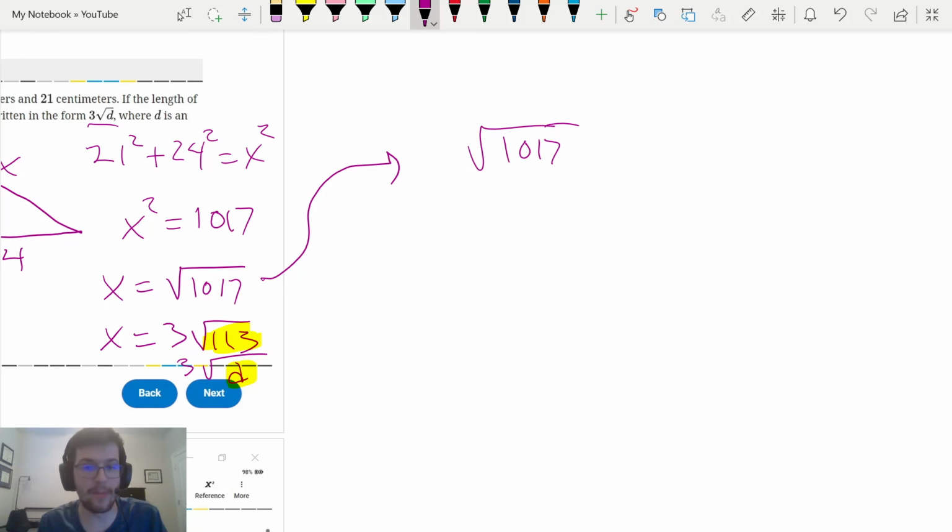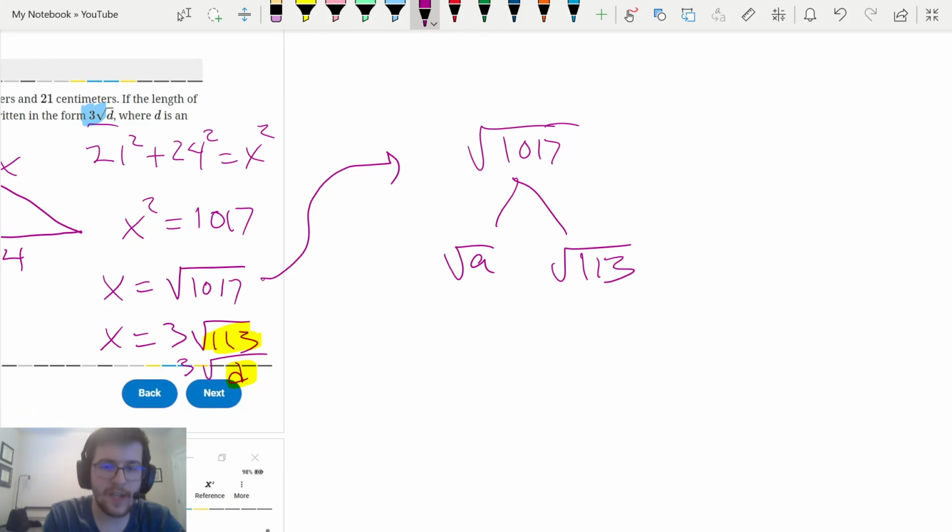This is a huge number. I don't know what the factors of 1017 are, but the question gives you a hint by telling you that you can pull out a 3. So 3 is the square root of 9. So we can write this as square root of 9, and then I can go to my calculator. What's 1017 divided by 9? Oh, it's 113. And you get 3 root 113.